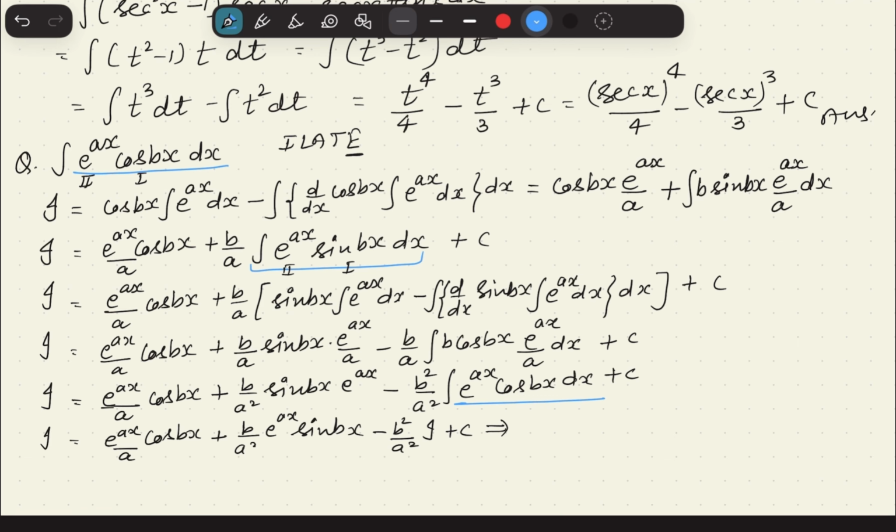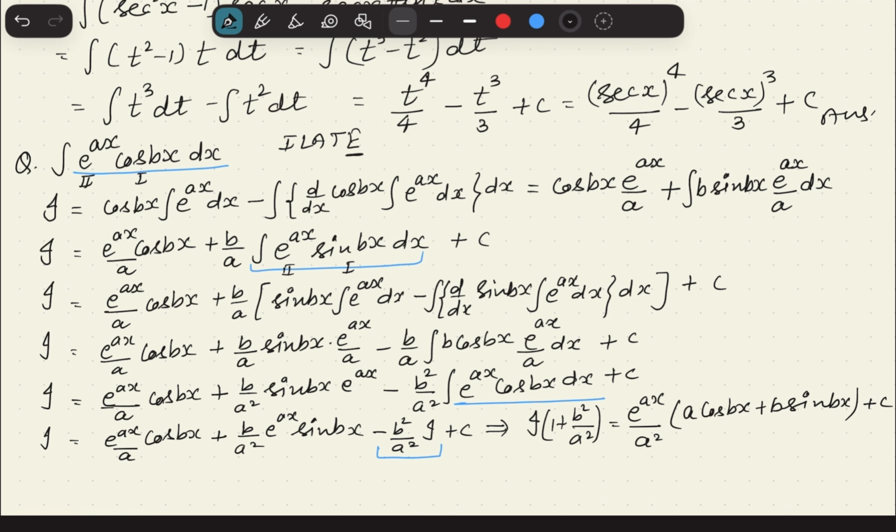So this term, if we take it to the left hand side, we will get I into 1 plus b square upon a square is equal to e to the power ax upon a square, if we take a square common, it is a cos bx plus b sin bx plus c.